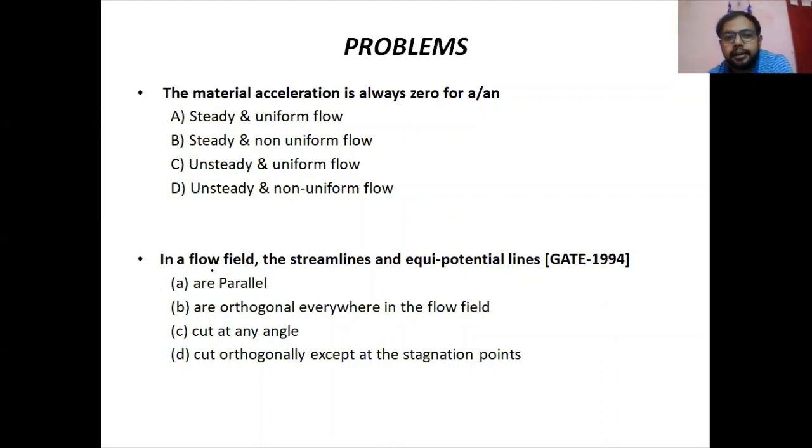Next. The material acceleration is always 0. What does material acceleration mean?